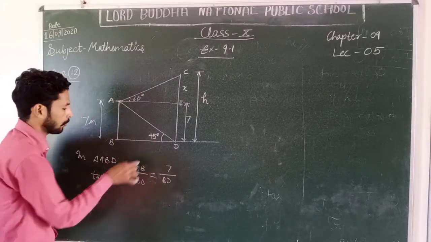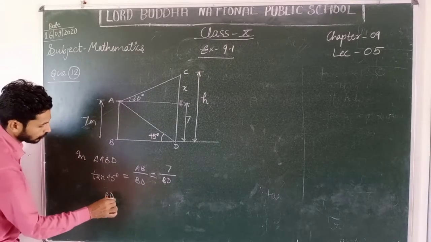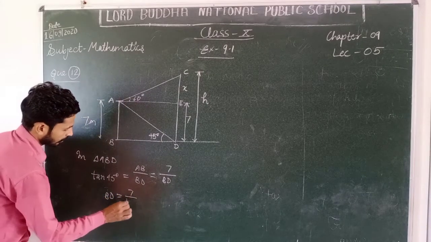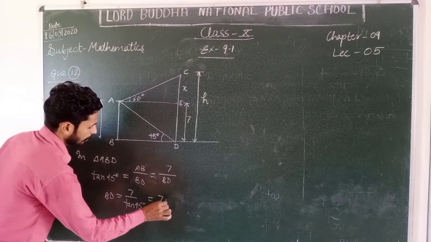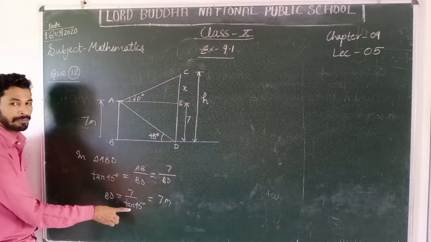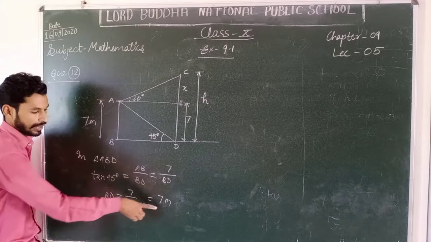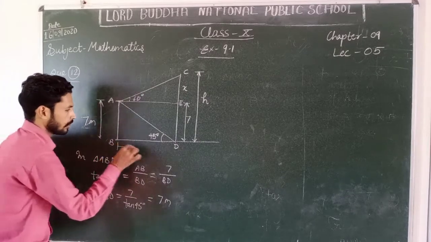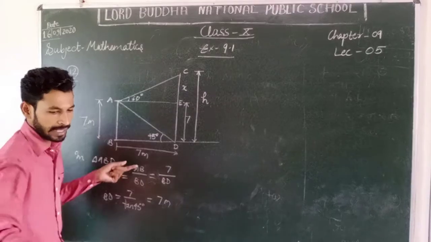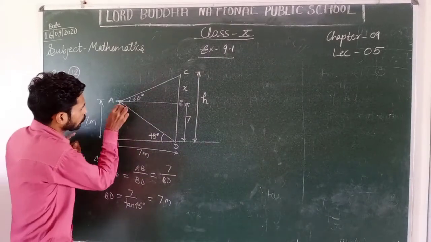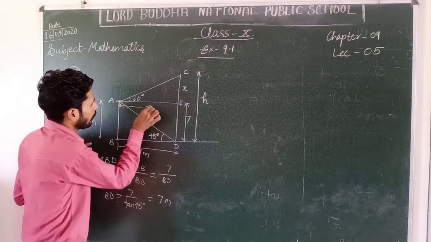Now BD equals 7 upon tan 45, and that will equal 7 meter because tan 45 equals 1 and 7 by 1 equals 7 meter. So this value is 7 meter. If BD is 7 meter, then this value will also be 7 meter.